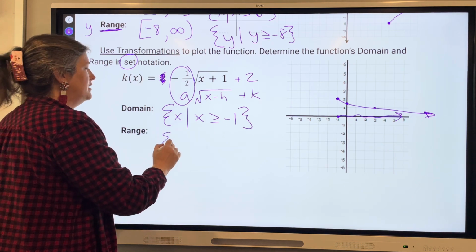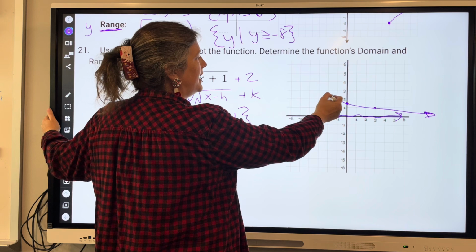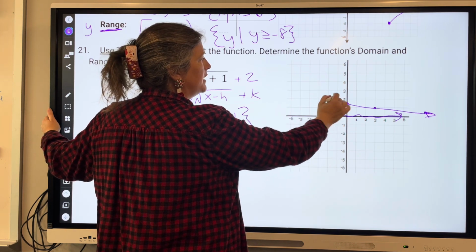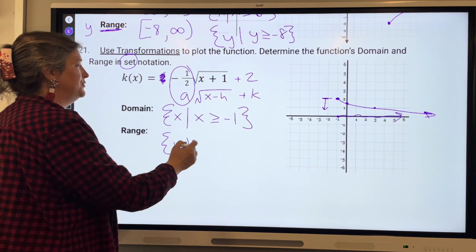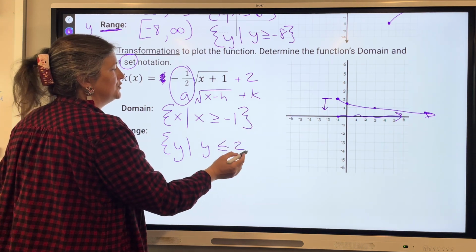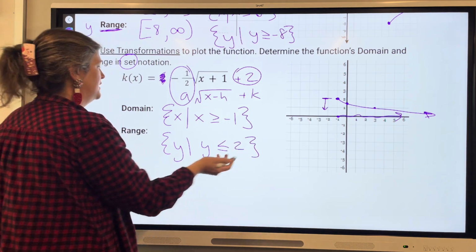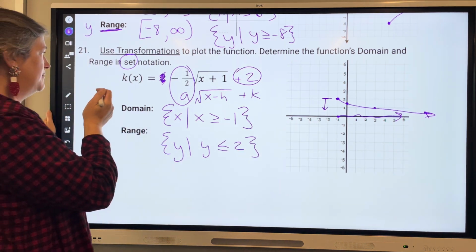My range is y's, and now my y's are going to be less than, right? All my y's exist only below 2, so y is going to be less than or equal to the 2 that is my maximum value, my vertical shift. So there is my domain and range.